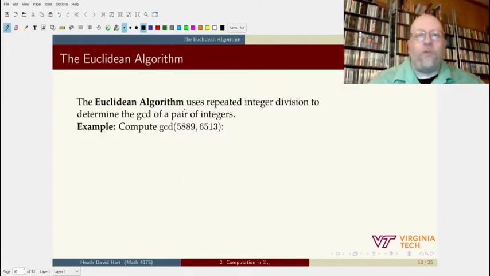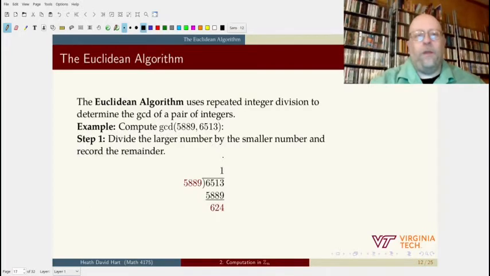The Euclidean algorithm uses repeated integer division to determine the GCD of a pair of integers. So we would like to compute this GCD. What is the greatest common divisor of 5,889 and 6,513? So what we're going to do is divide the larger number by the smaller number and record the remainder. So when I divide 5889 into 6513, I get a remainder of 624.